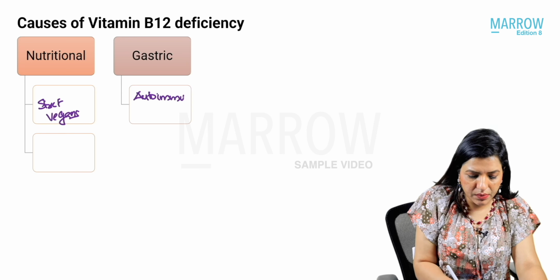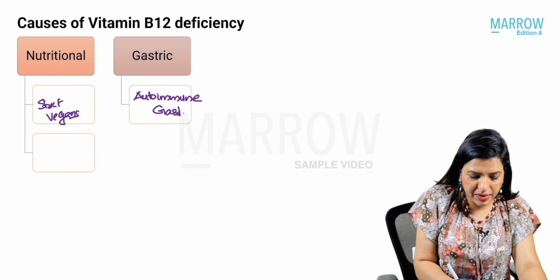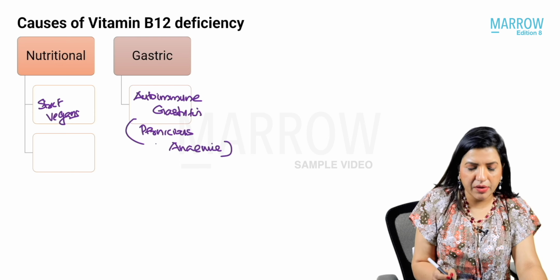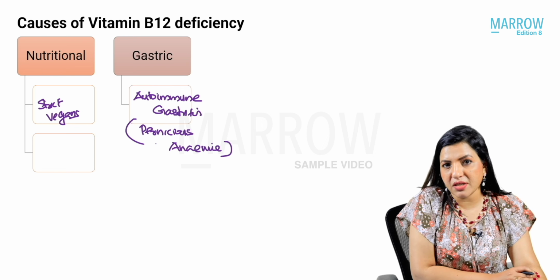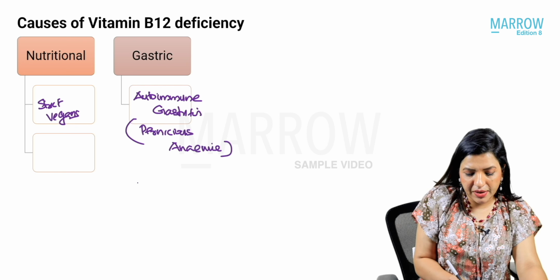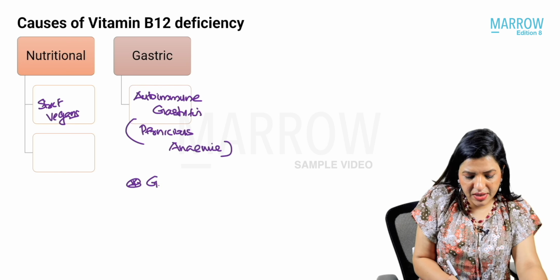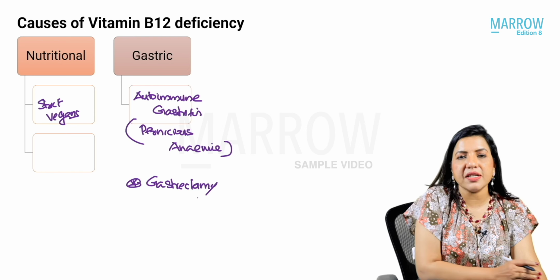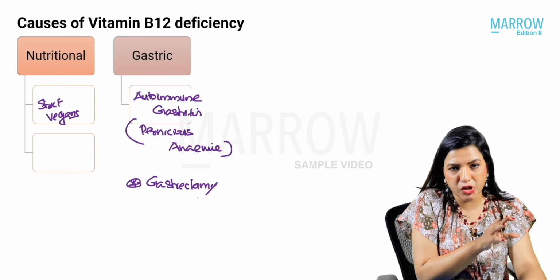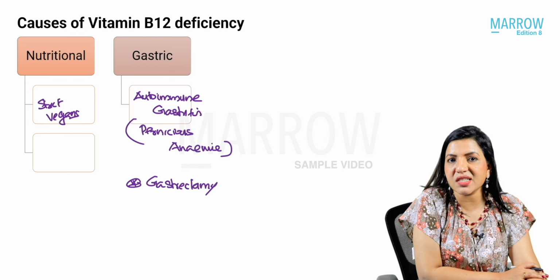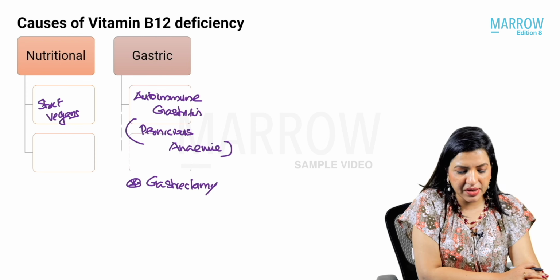Autoimmune gastritis, like pernicious anemia, where we can see an intrinsic factor deficiency. Then another cause is gastrectomy, because we know parietal cells of the stomach are required for the synthesis of intrinsic factor. So those are the gastric causes.